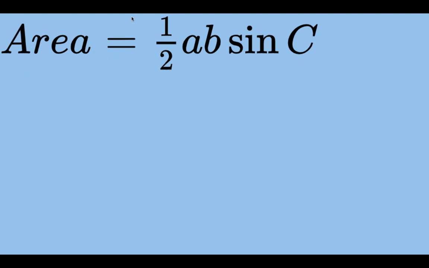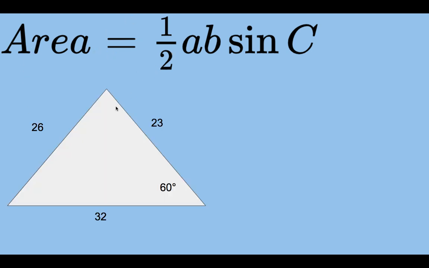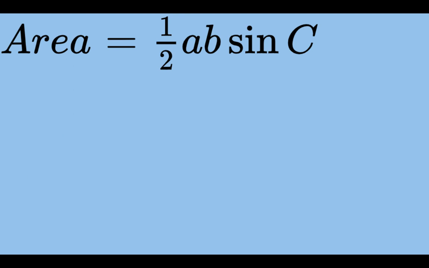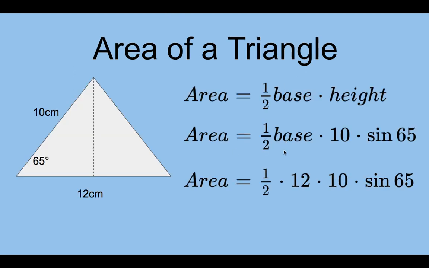The area equals a half AB sine C. So in this triangle here, the area equals a half the base times the height times sine C. We can't use that because we haven't got a right angle. What we want to do is somehow use that formula that we got from here. It was a half of 10 times 12 times the sine of 65.